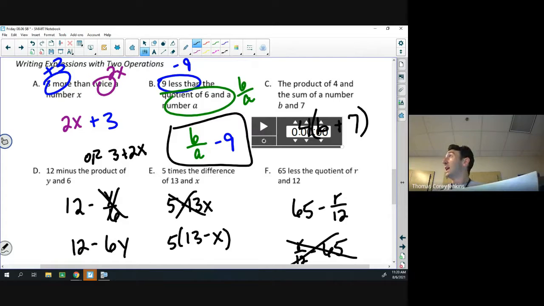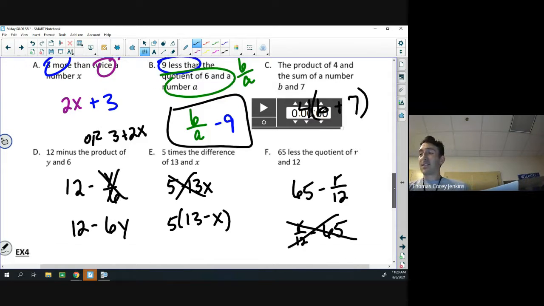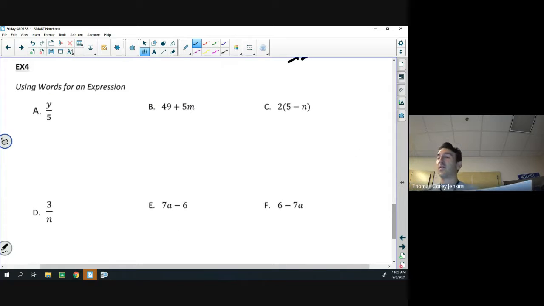Everybody with me? Okay, let's just do maybe one or two of these and then we'll call it a day, in case you have any on your homework. So let's do an easy one and a hard one. Let's do A and C, and then we'll do volunteers here, and as soon as we get good answers for both, we will have that much more time to do homework.